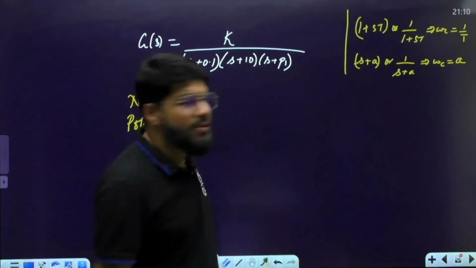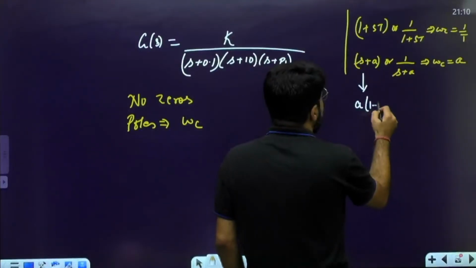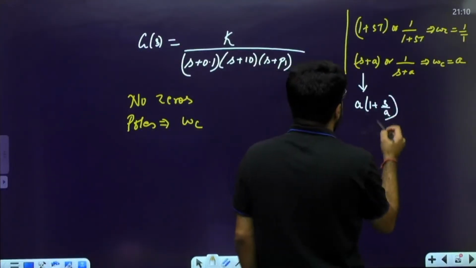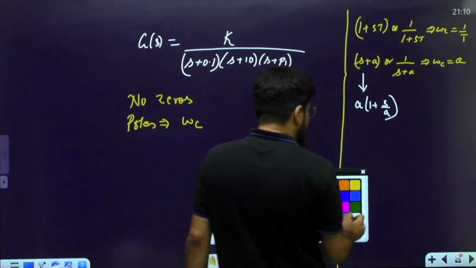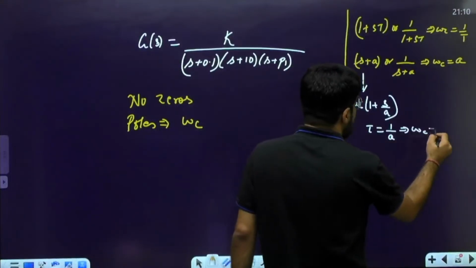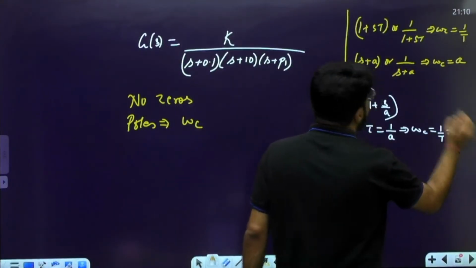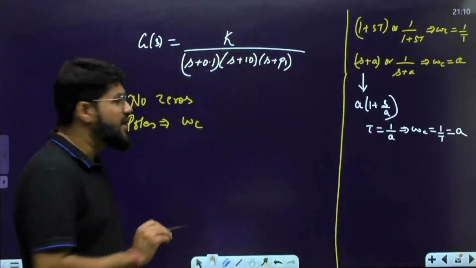Because if you take a common, it becomes the time constant form. The time constant is 1 by a, so the corner frequency, which is the reciprocal of the time constant, will be a.